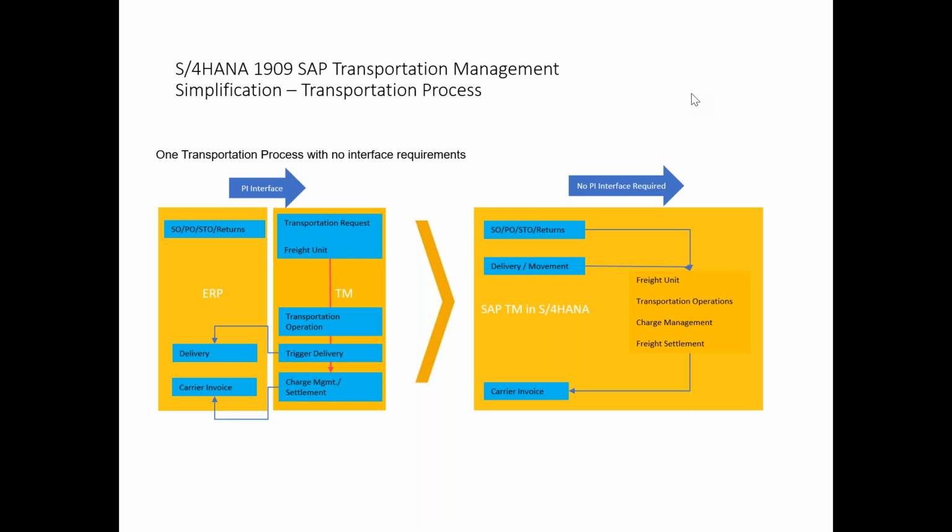In S4 HANA, we directly create a BP, and based on the BP, the customer gets created. If you want to convert it to a customer, it can be a vendor, or it can be another role. We create based on the requirement, right?